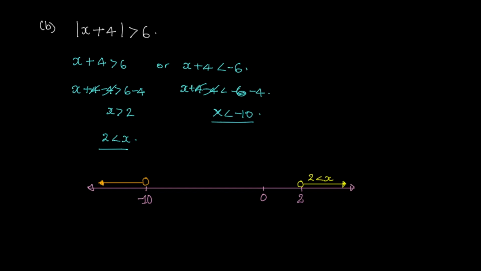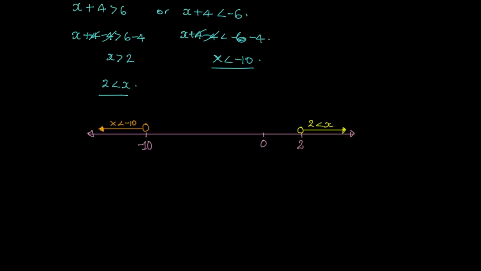Meanwhile, x is less than negative 10. What is our solution? So from here we can see we start with negative infinity up to negative 10, and this time negative 10 is not inclusive, so we use open and close parentheses, and this is union.